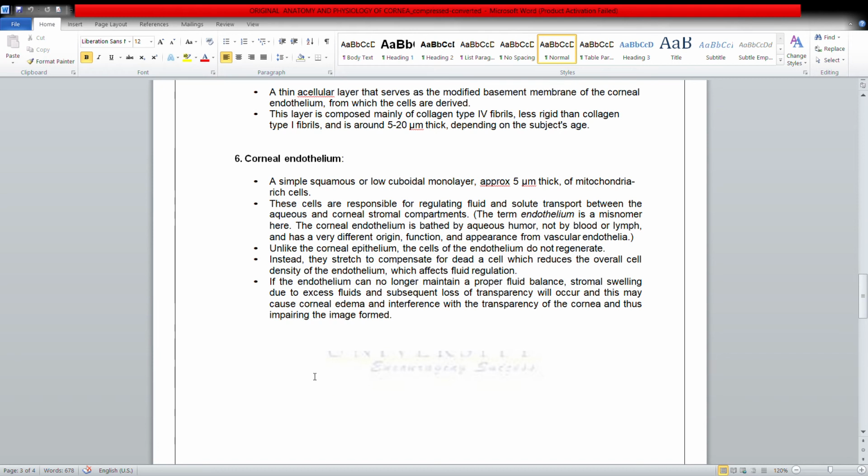And if the endothelium can no longer maintain a proper fluid balance, stromal swelling due to excess fluid and subsequent loss of transparency will occur, and this may cause corneal edema and interference with the transparency of the cornea, thus impairing image formation.